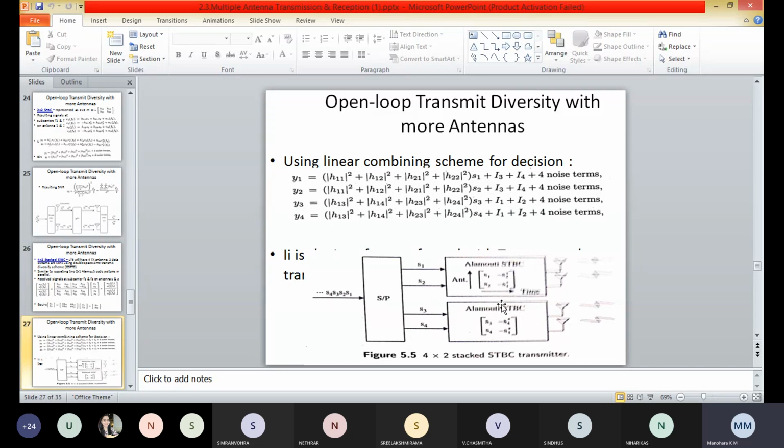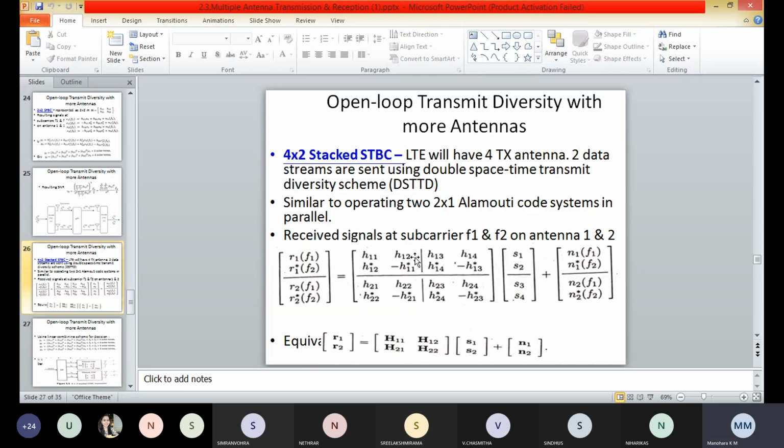As in other space time diversity techniques, the time dimension can be interchanged with the frequency to create stacked SFBCs. So here the received signals at the subscriber, F1 and F2 on antennas 1 and 2, can be represented with the equivalent channel model.